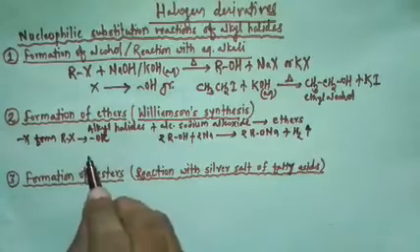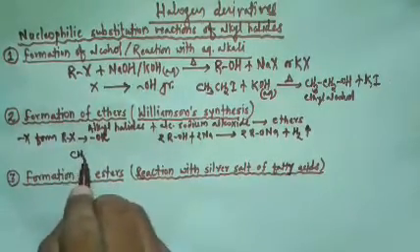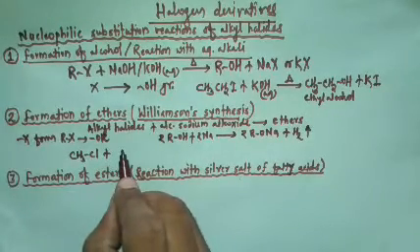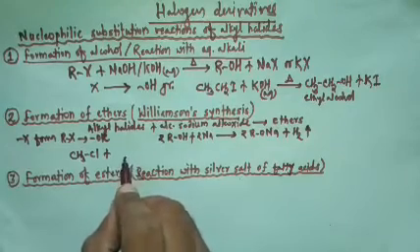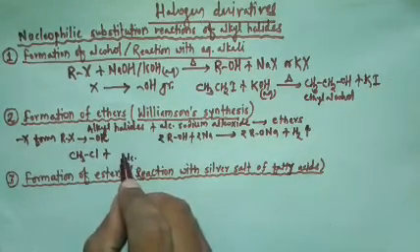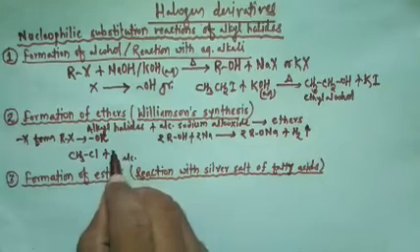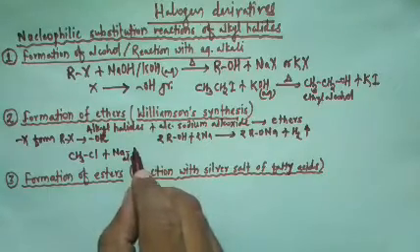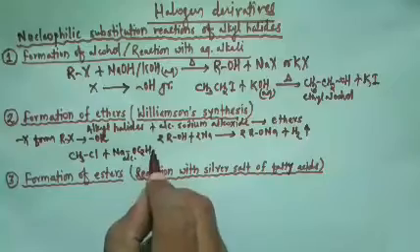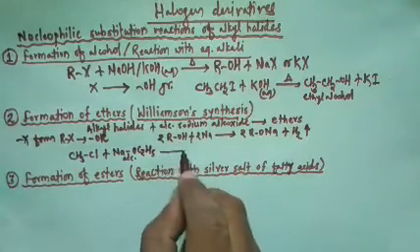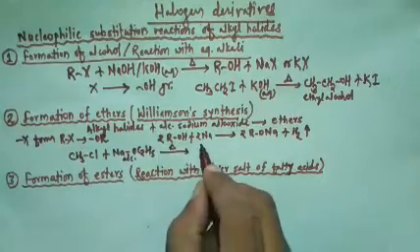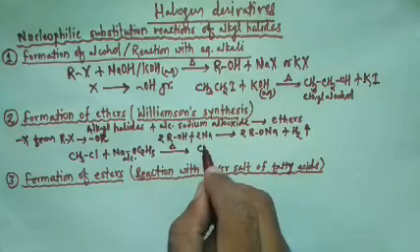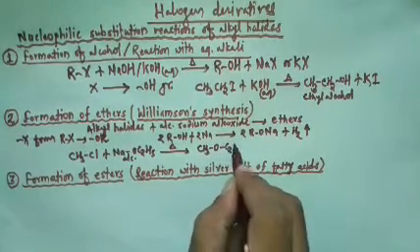Let's study one example. When methyl chloride is reacted with alcoholic sodium alkoxide or sodium ethoxide, so this is the sodium ethoxide, and when the reaction mixture is heated, then we get ether, and that ether is CH3OC2H5.